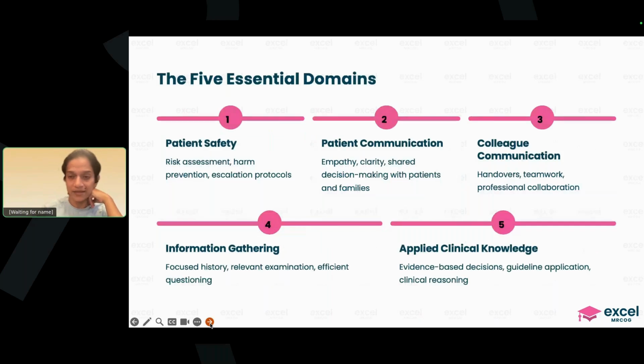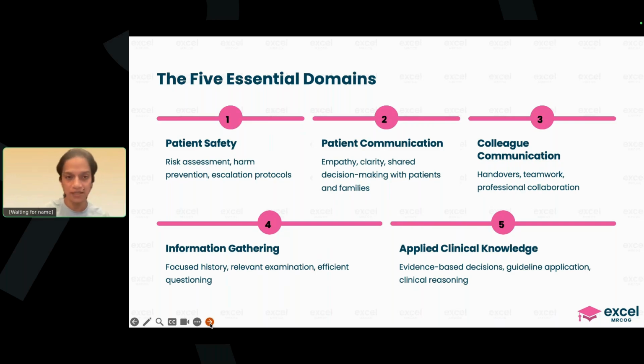The 5 essential domains that we have, and typically a station would assess at least 4 domains or sometimes 3 domains. In a structured discussion, you may not always have information gathering. In a simulated patient task, you have information gathering, communication with the patient, applied clinical knowledge, and patient safety, and that is the norm.